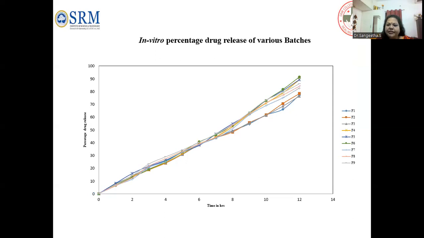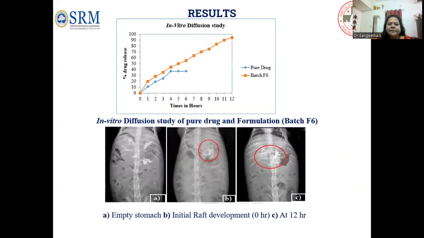The F6 batch shows more than 90% release over a period of 12 hours, and the other parameters were also acceptable, so the F6 batch was selected as the best batch for further studies.